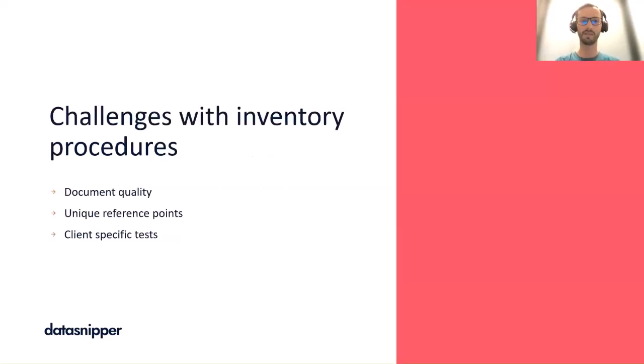The main challenge with inventory procedures is that the document quality can be quite bad sometimes. If you think about stock count, for example, you walk around with a piece of paper, write the numbers down on that paper, and then you extract that information into the Excel workbook. But these papers can be quite long, as you print out the whole subledger of the client.